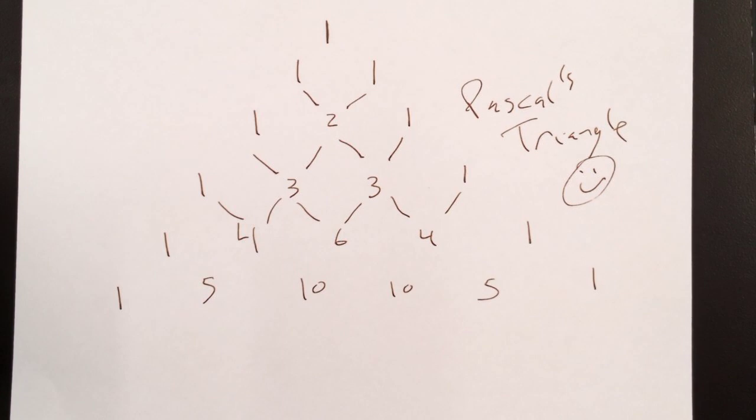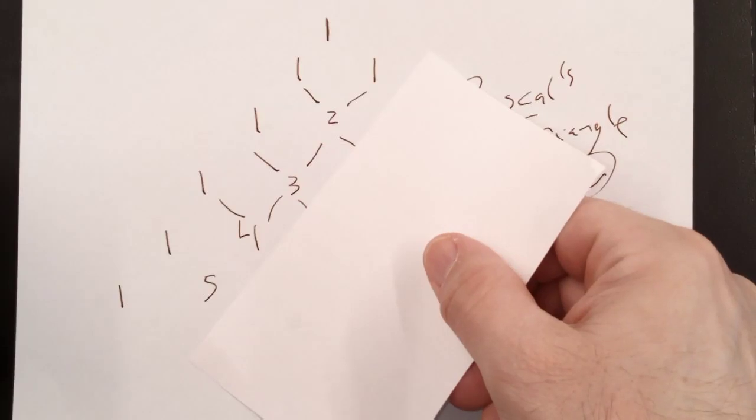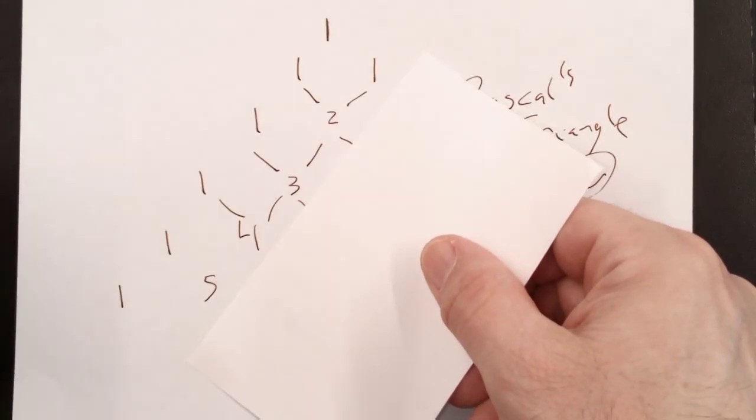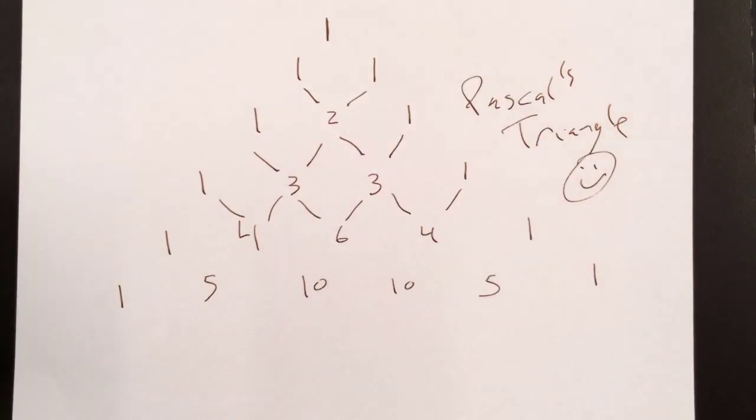Anybody notice anything weird about this triangle arrangement? A couple of unusual things happen. Those numbers are always the numbers of the rows. So that means out of n things, choose one. Well, that's how many things you have, right?